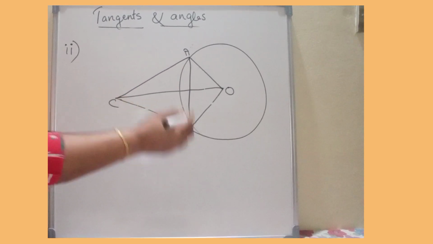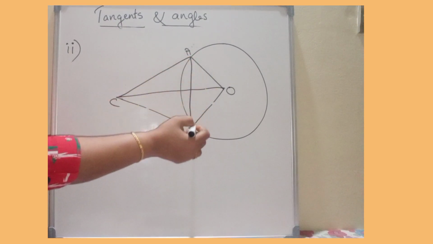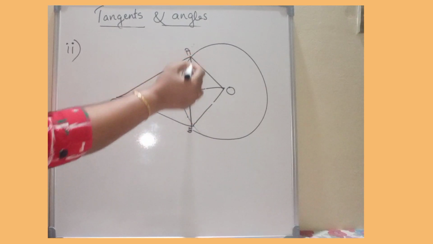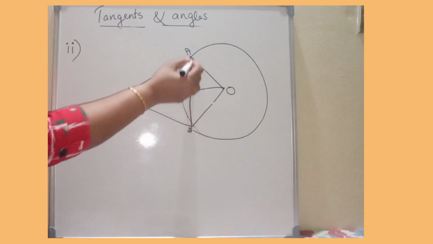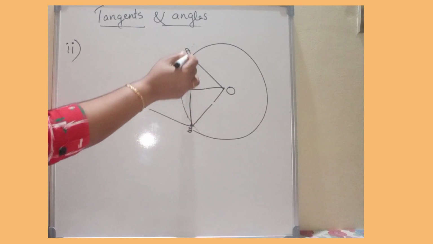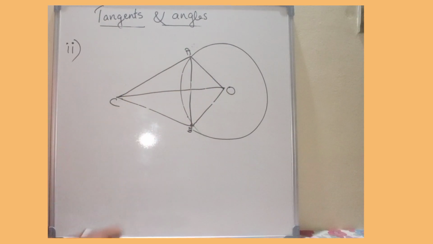Third part of the question, that is, here we need to prove that the chord AB, that is the line joining the points of contact, and this line OC are perpendicular. OC is the perpendicular bisector of AB.